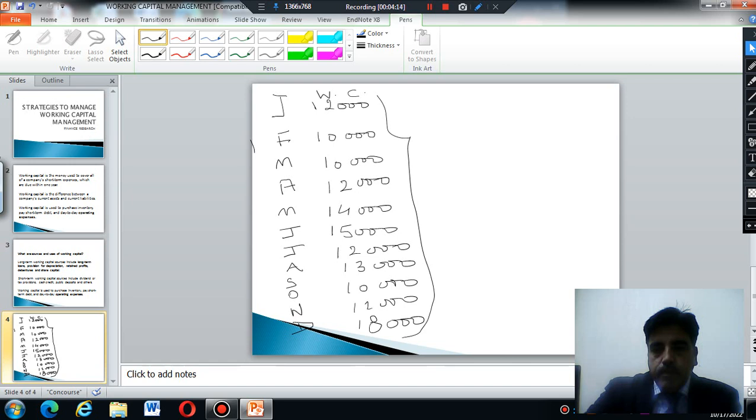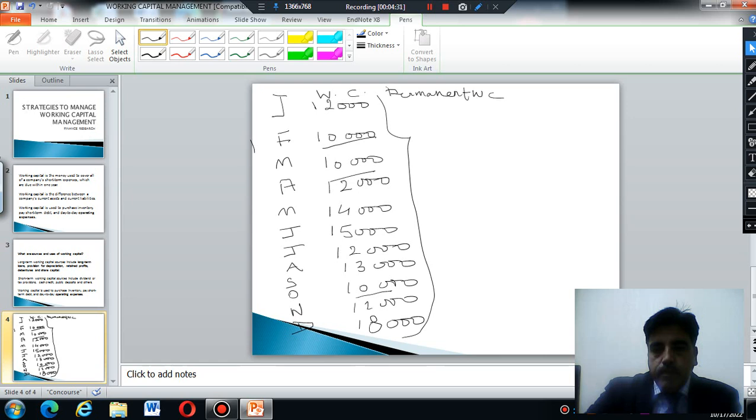Now we will take a look at what amount is permanently required at least in each month. The least amount which is required we call the permanent working capital.